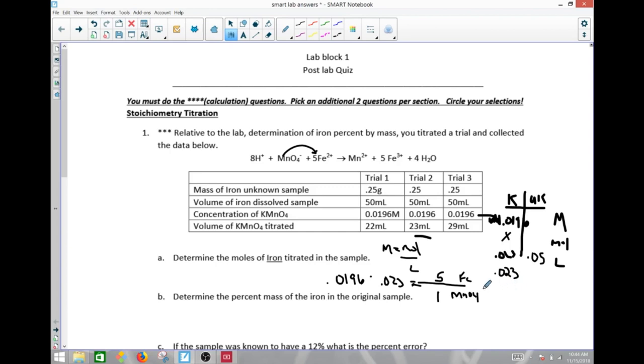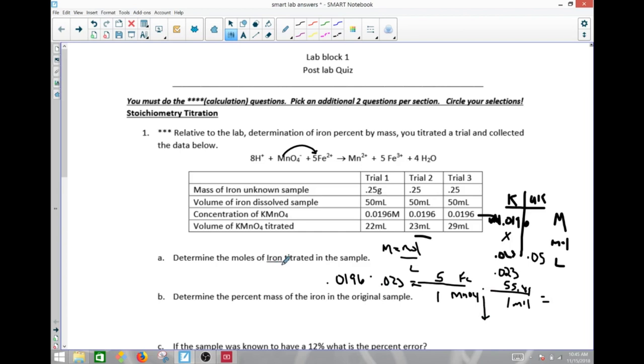And then one more step yet. For every 1 mole of iron, I get 55.8 grams. Now this is going to give me my mass of iron in the sample. I'm going to give you this answer here as well.